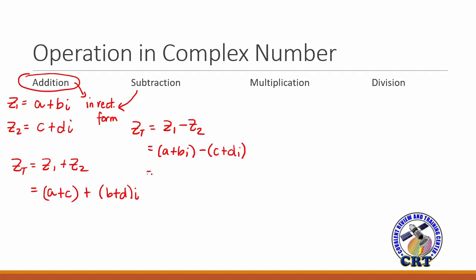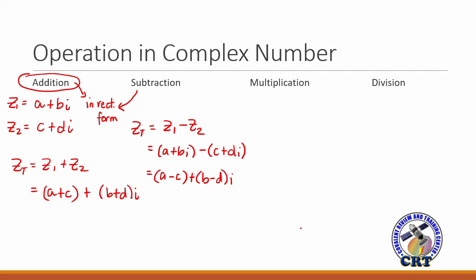And you have to perform also like in addition, that you have to group real to real part and imaginary part to imaginary part. Therefore, this is equivalent to a minus c plus b minus d i.